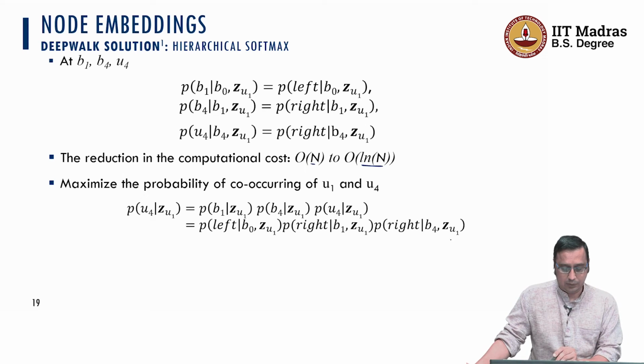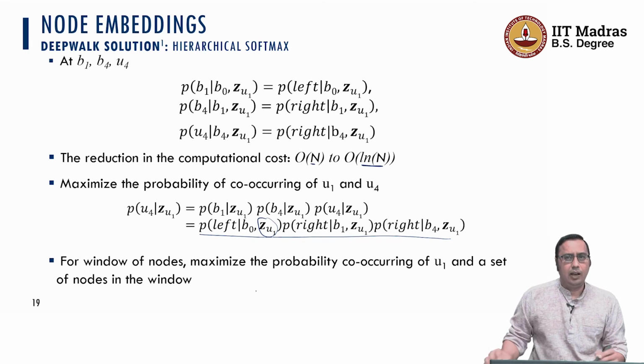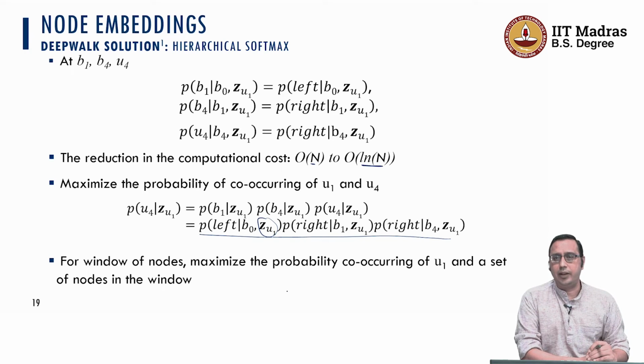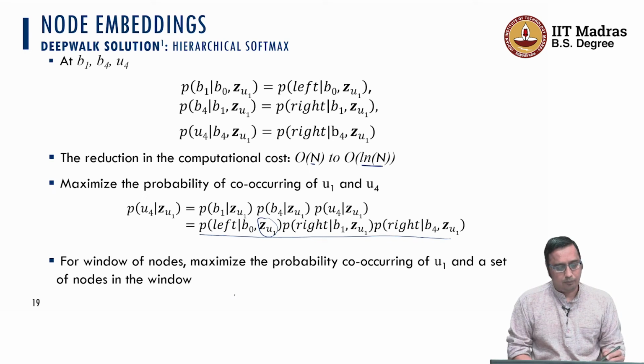Hence, we can actually add this one and try to maximize this probability and learn the embedding. Here I have talked about only one node in the neighborhood. If there is more than one node in the window, we have to maximize probability of co-occurrence of U1 with all those probabilities together.